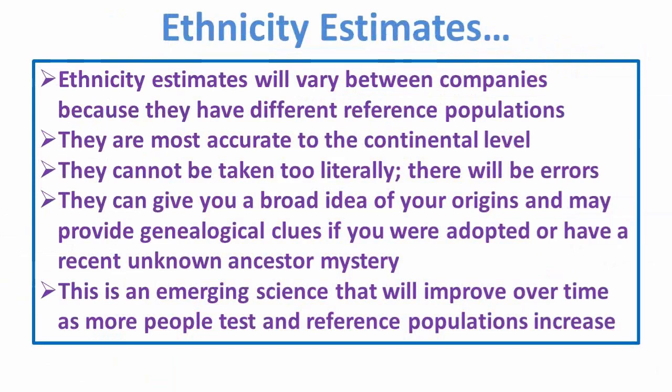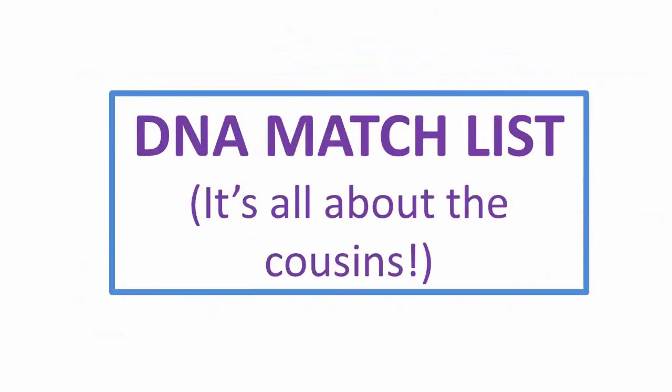This is an emerging science though, and it's going to improve over time as more people test and reference populations increase. In fact, MyHeritage are working away on a big update, which will be coming very soon and will have many, many more sub-regions. So look out for that.